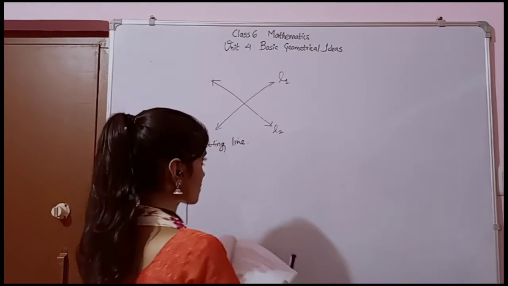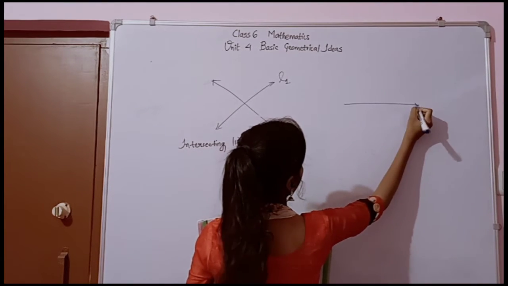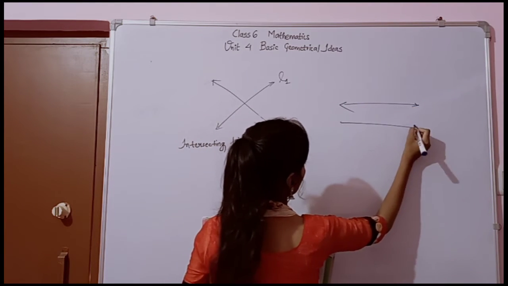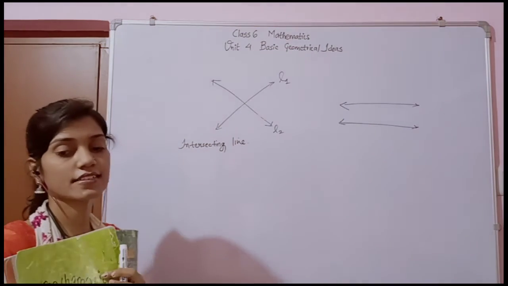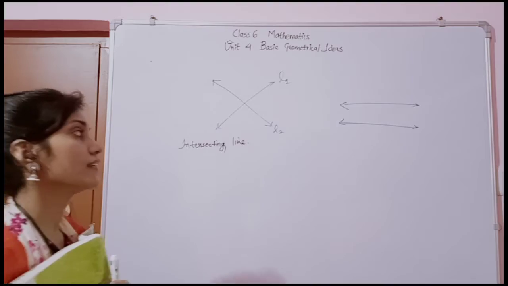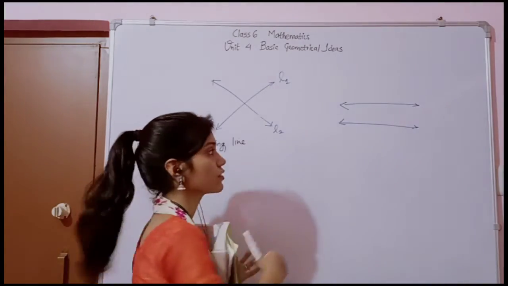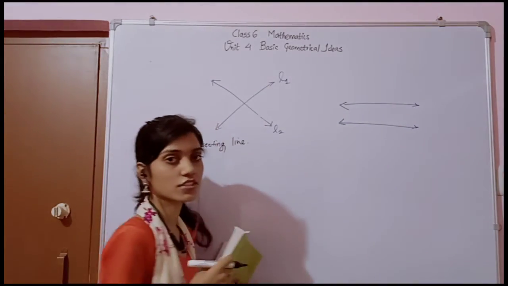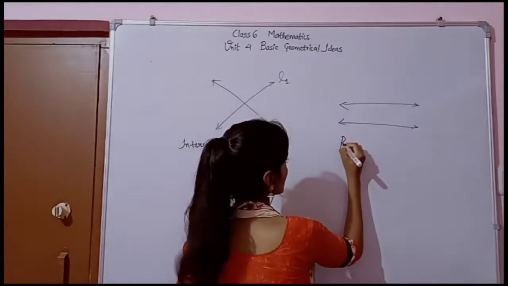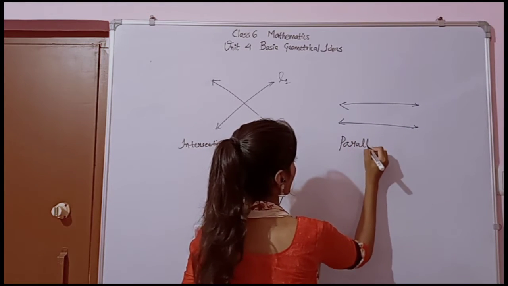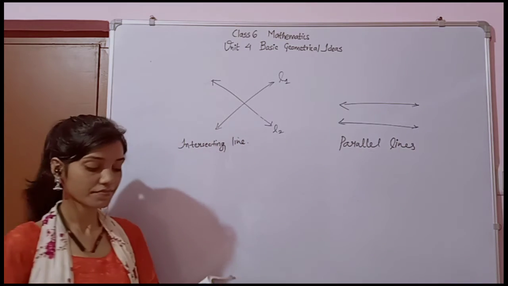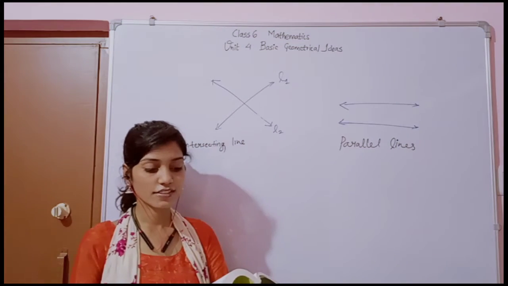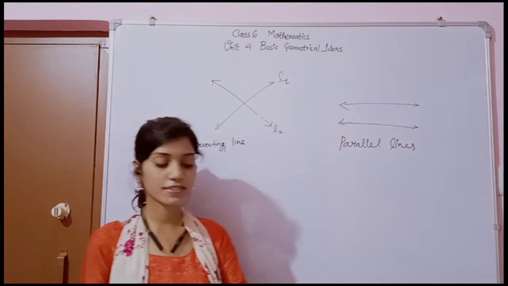Now tell me, which type of line is this? Can you tell me which type of line it is? They are parallel to each other, right? You can see clearly they are parallel to each other. So these are known as parallel lines. The definition has been given on page number 73.